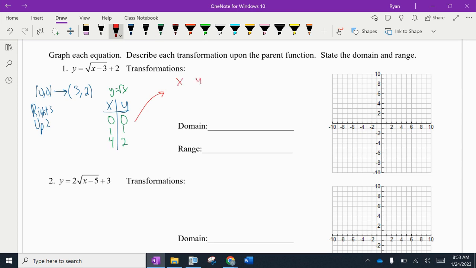But the reality is for this problem, all of these points, and not just the vertex, are going right 3 and up 2. Because they're going right by 3, we have to add 3 onto all the x values. And because it's going up 2, we have to add 2 onto all of the y values.